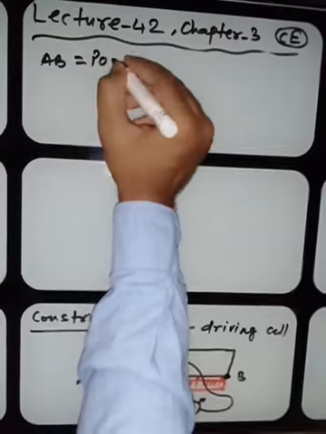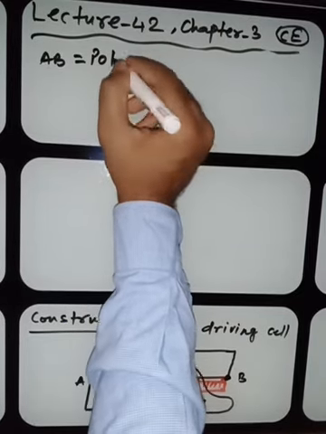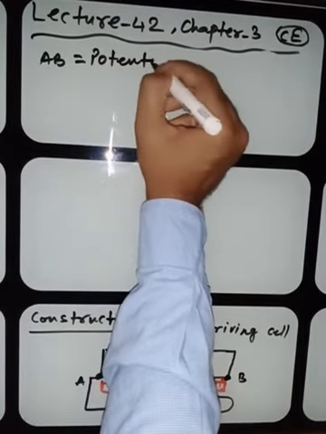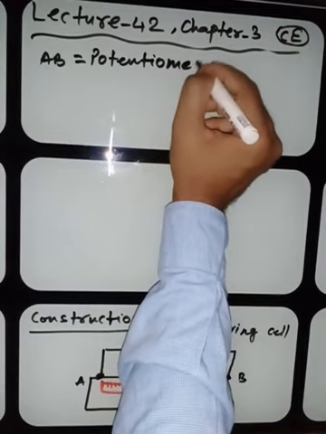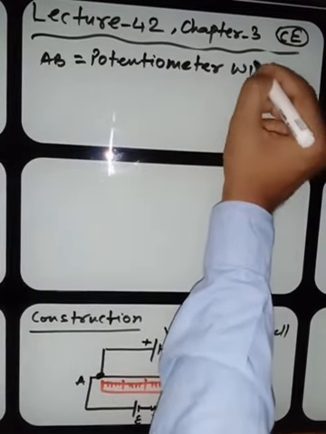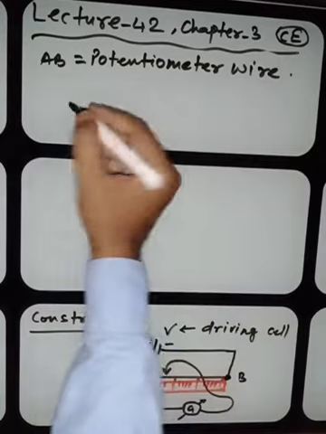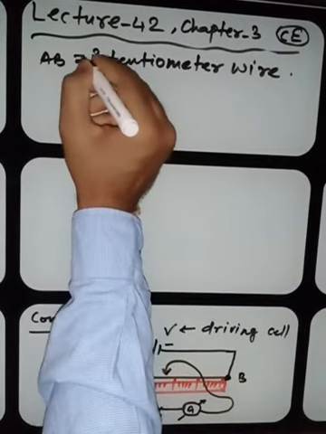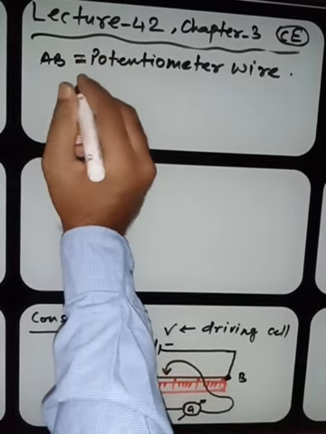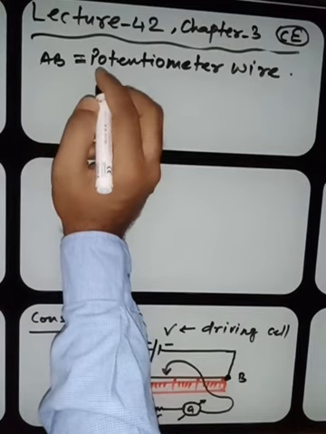Remember, I am explaining here the construction. Remember students, the potentiometer wire is made up of basically a low resistance material.